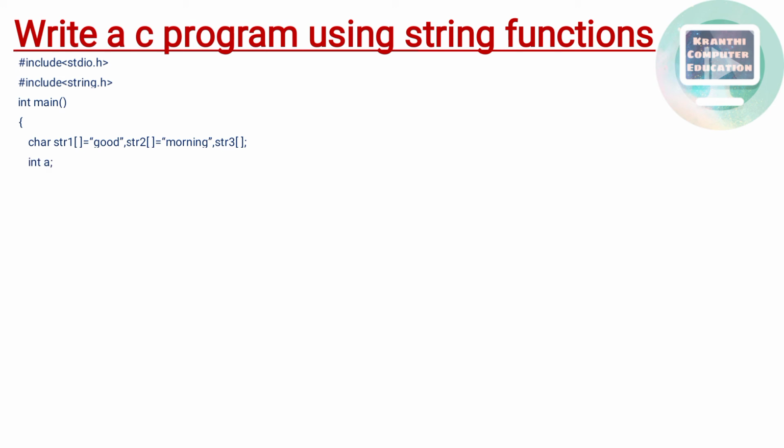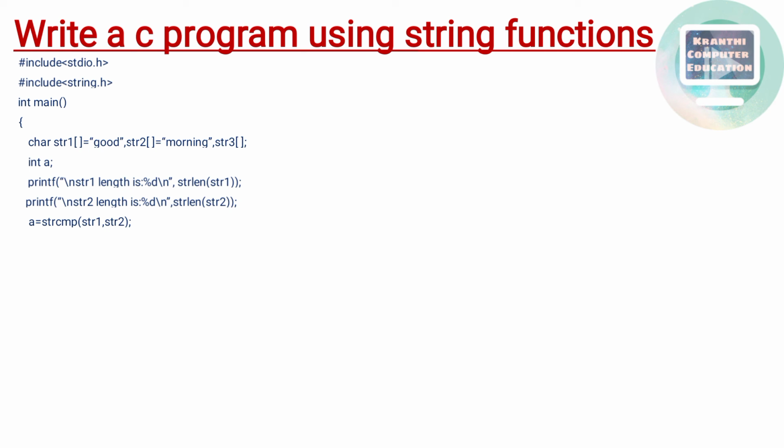Integer variable, int a. Printf "string 1 length is", strlen of string1. This function is used to find the length of string 1. Next I write a printf statement to find the length of string 2: "string 2 length is", strlen of string2. Now I check whether string 1 and string 2 are equal using the string comparison function.